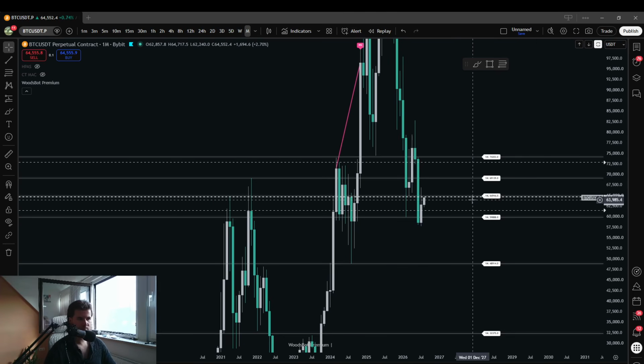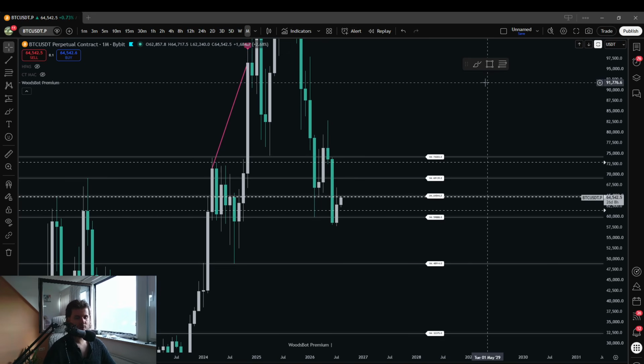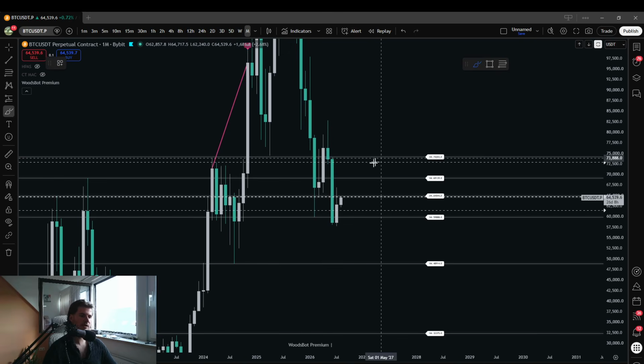I don't know if the macro lows are in, but in any case, I do think Bitcoin should come back towards the low 60s at some point again. Even if it goes back towards 72K, 74K, that doesn't matter for me. It's just a swing short area, in my opinion, to get short on altcoins especially.